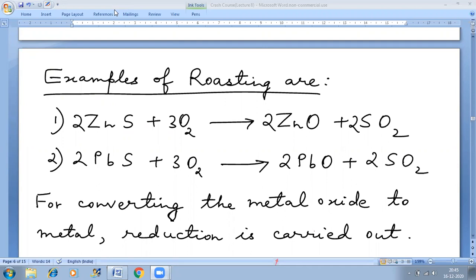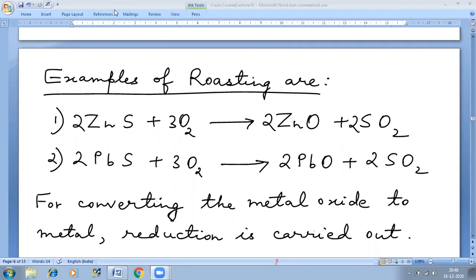Till now we have to do reduction of the metal oxide to obtain the metal. For reduction of a metal oxide, a suitable reducing agent has to be used.